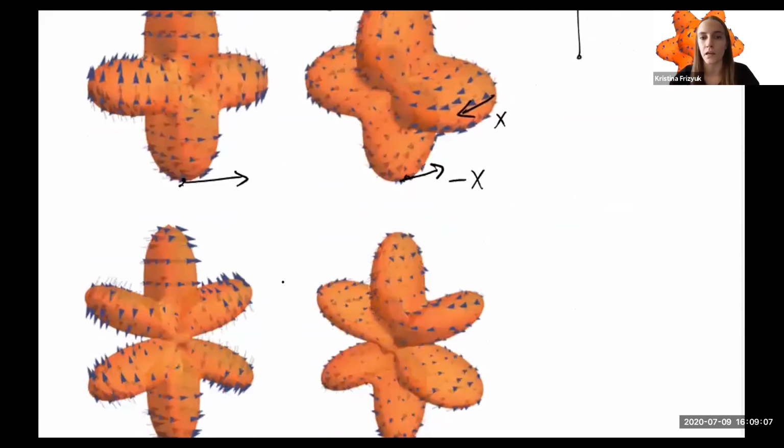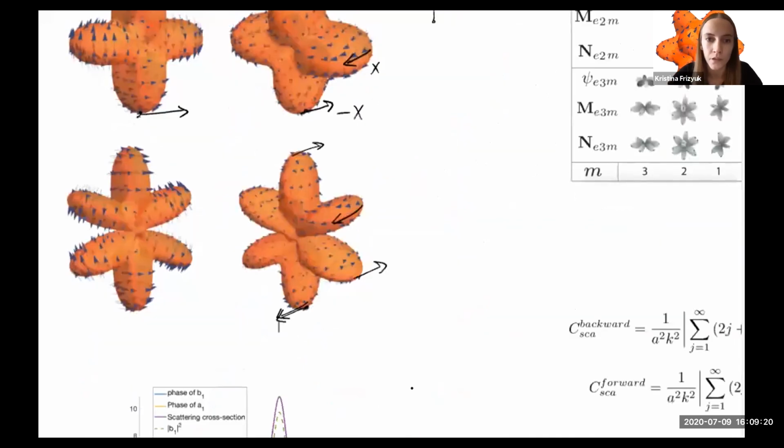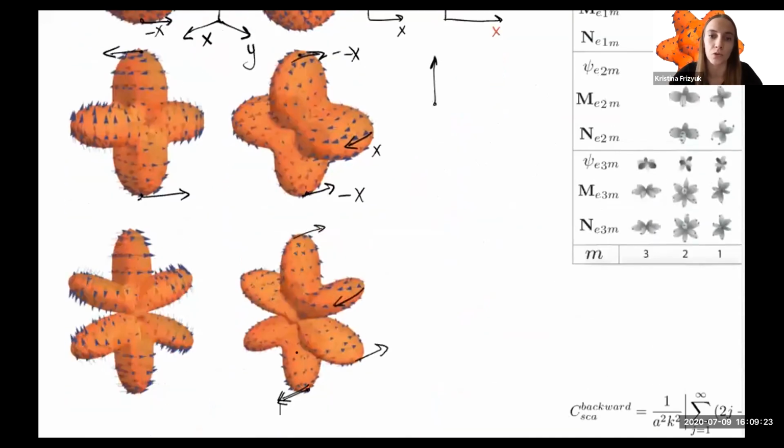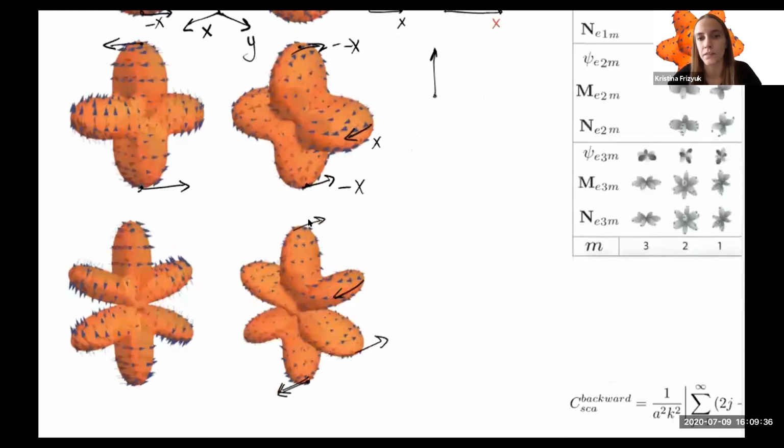We can look at the octupoles, and for the magnetic octupole, these again look in different ways. Note that the magnetic octupole behaves exactly as the magnetic dipole. So the direction of these two arrows is different.